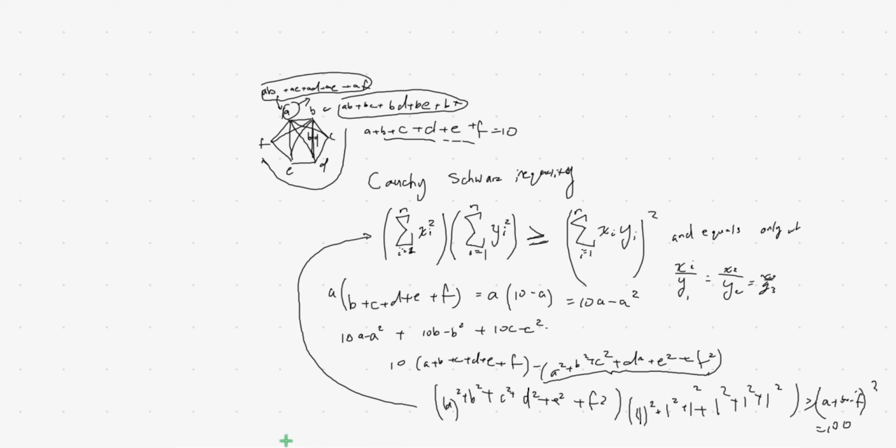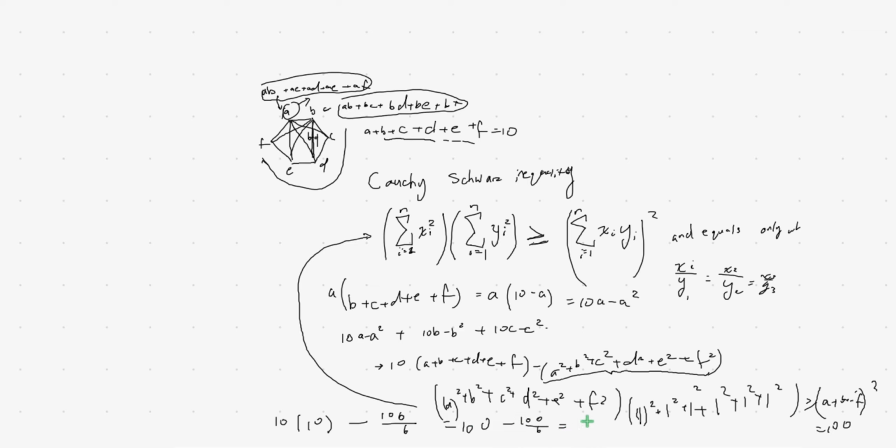So this should be pretty easy to solve now. Plugging back into this equation, it's 10 times (a plus b plus c and so on), which equals 10, minus the minimum value for that, which is 100 divided by 6. So that's 100 minus 100 divided by 6.